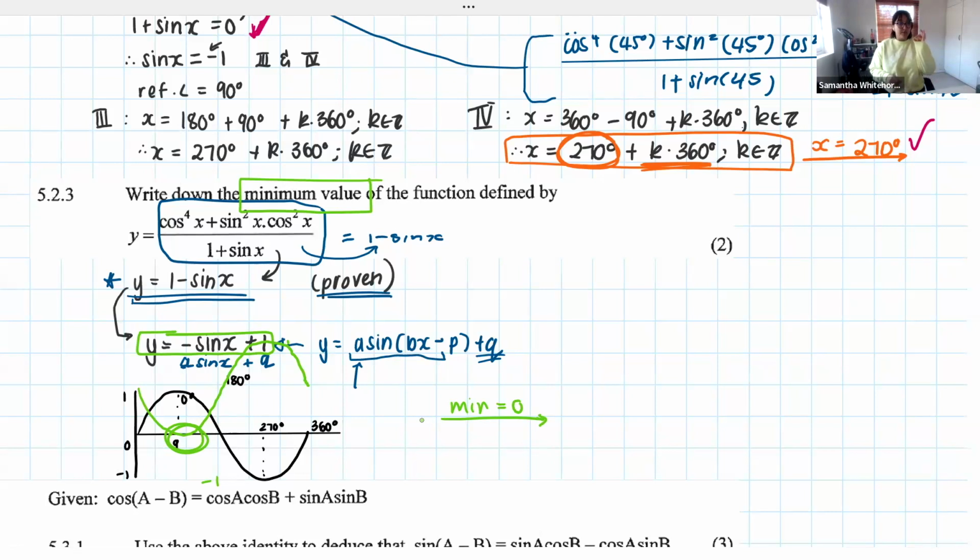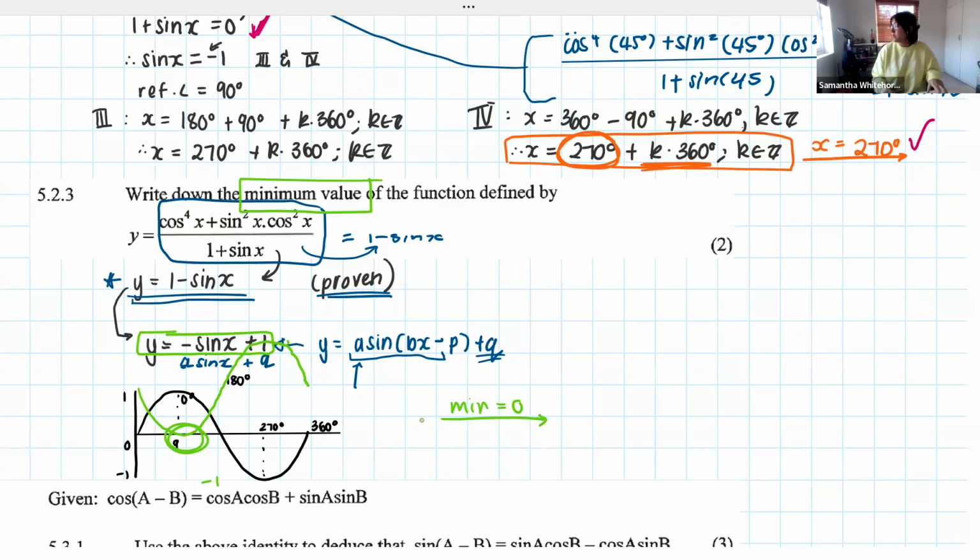Right, again, this is a complex question. I won't go as far as problem solving, but it is a complex question. It is not supposed to be an easy question, but what I want you guys to remember is that if you've proven an identity, you know the simplified form of that expression. When I'm referring to a function, knowing your parent graphs is so important.